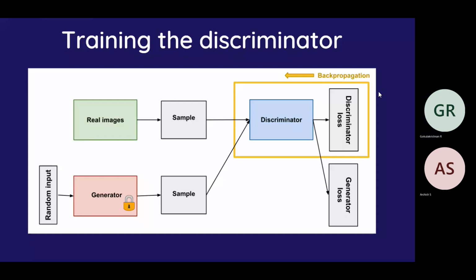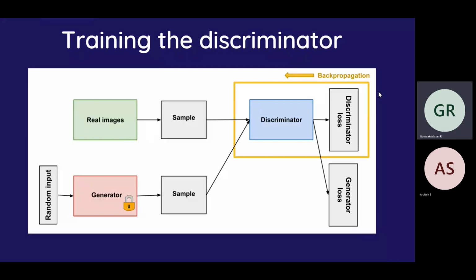Basically, the generator's ability is maintained constant while the discriminator is being trained. So if the generator was quite bad at generating good fake images, it's maintained as it is while the discriminator is being trained.